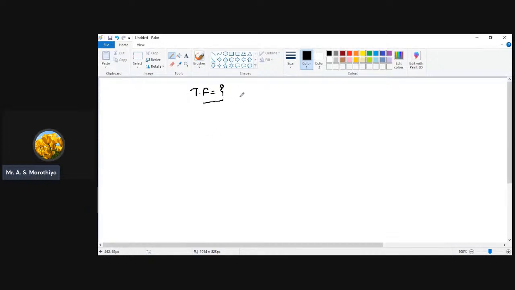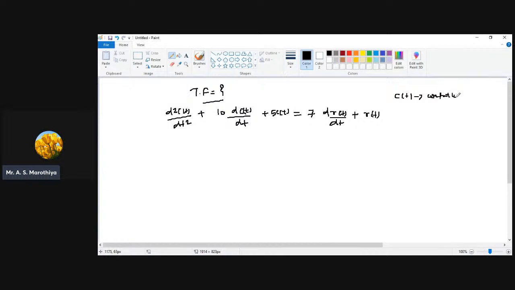That means we have a physical system which is represented by the following differential equation: d2 c of t by dt square, plus 10 d c of t by dt, plus 5 c of t, is equal to 7 dr of t by dt, plus r of t, where this c of t is the controlled output, and this r of t is the reference input of the system.